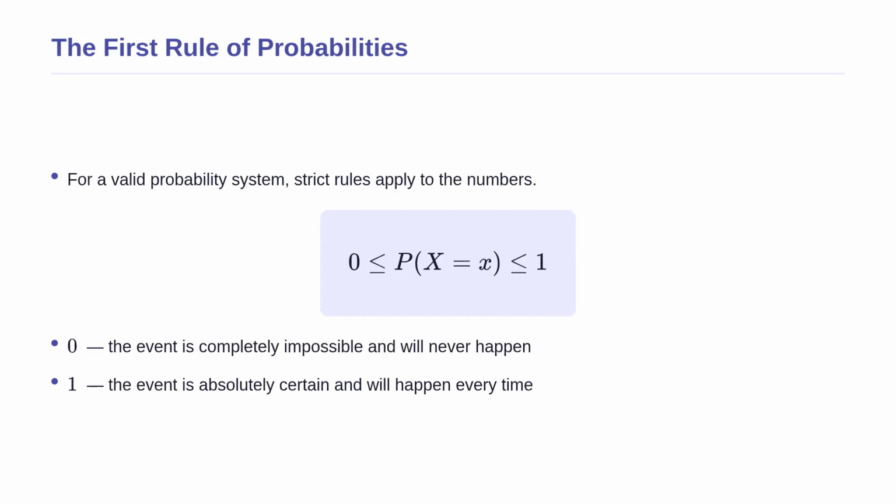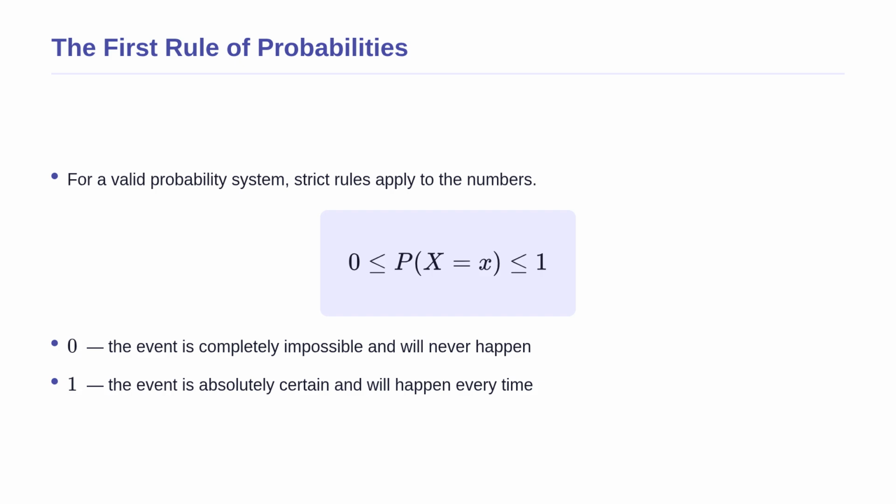Now that we have our notation, we must establish the boundaries of these probabilities. This formula represents the first strict rule. The probability of any specific outcome must be a number between 0 and 1, inclusive. Conceptually, this sets the limits of reality. A probability of exactly 0 means the event is completely impossible.